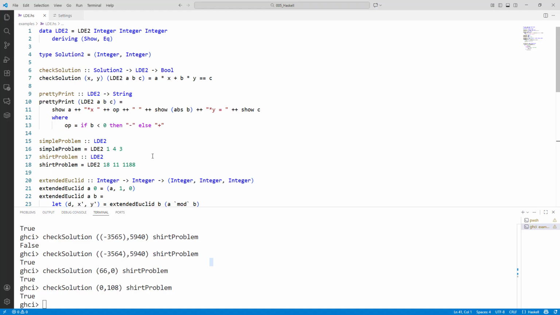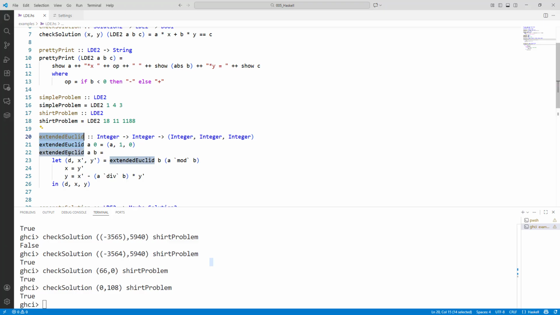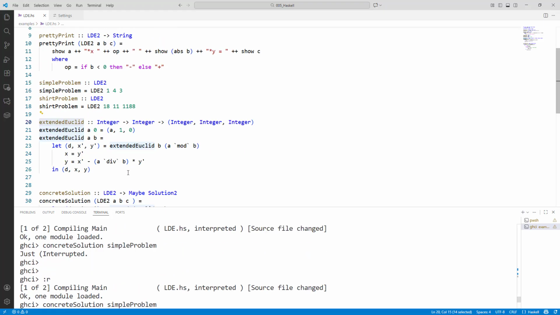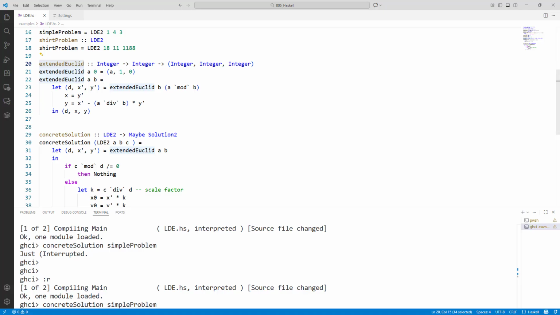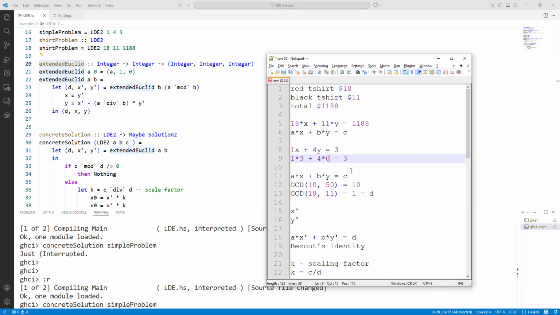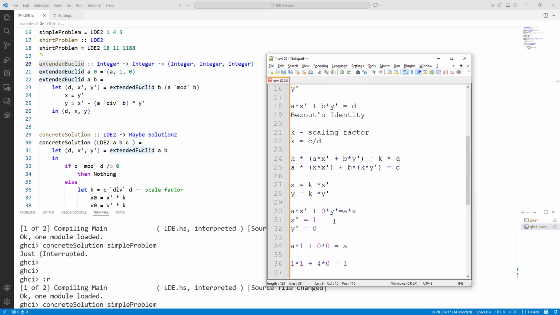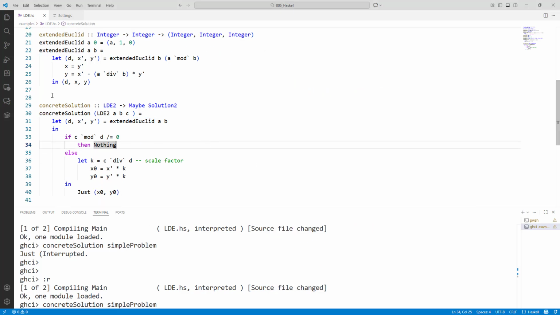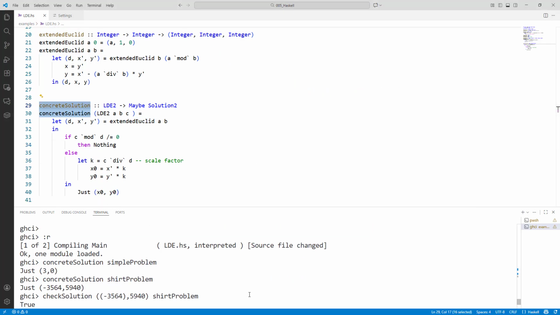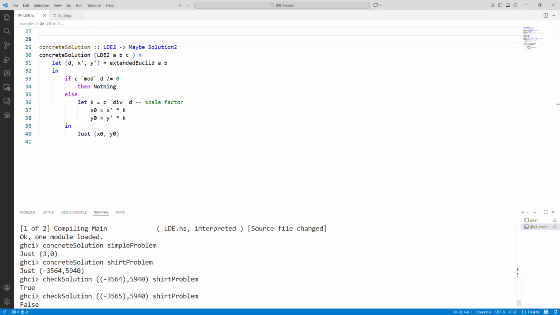So let's make a recap. What did we do? We used extended Euclid, which actually was used for solving x prime, y prime, and the GCD. Then we used concrete solution that actually gave us a solution. We learned how to use Maybe.